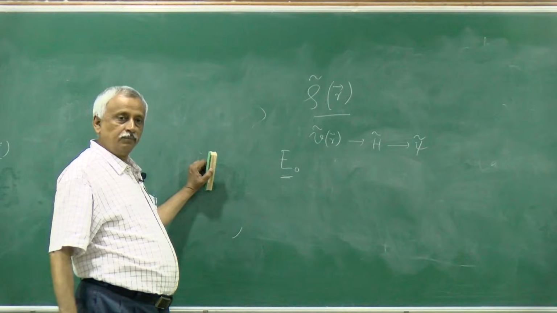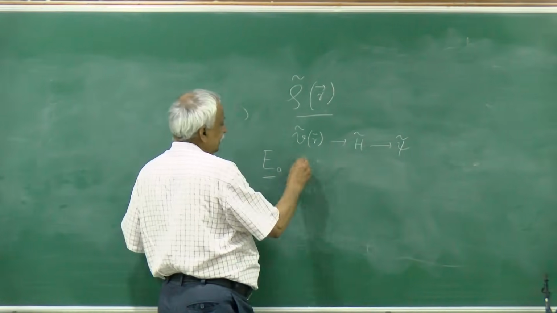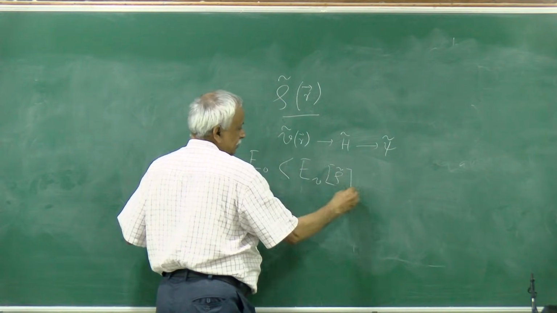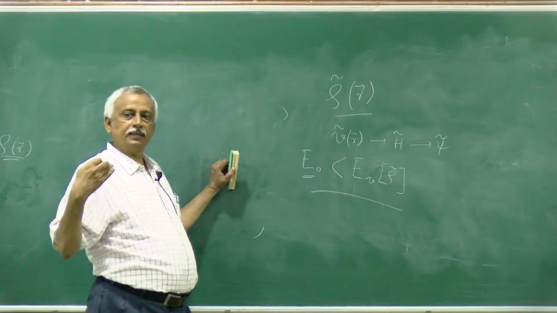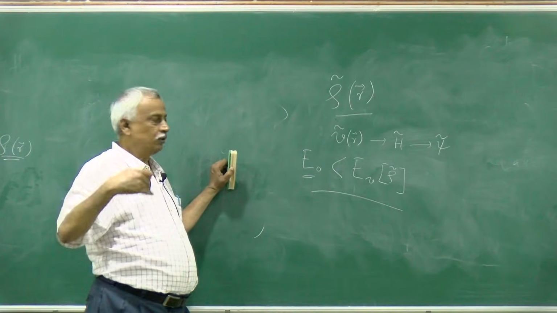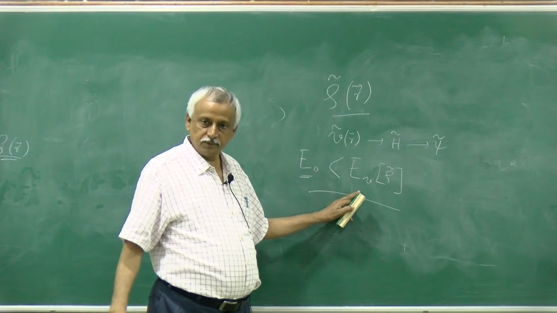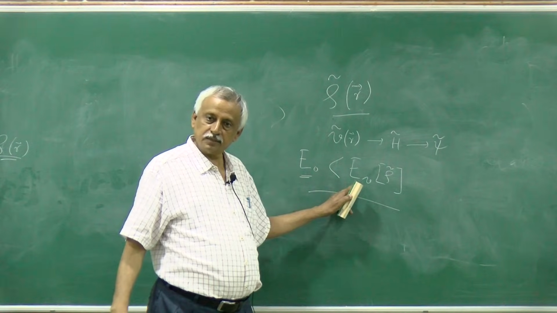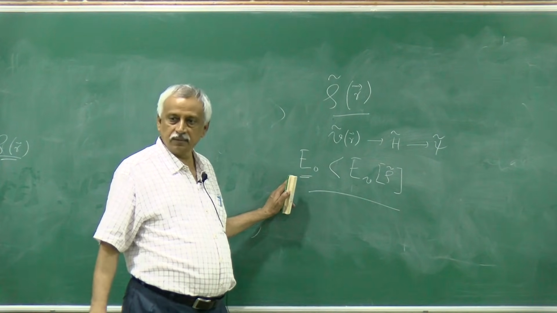Now from the variational principle, we can tell that this must be less than EV of rho tilde. Because the variational principle tells you that if your actual system is this for the V problem, then rho tilde is a trial density, and the corresponding energy would always be an upper bound to the exact energy.